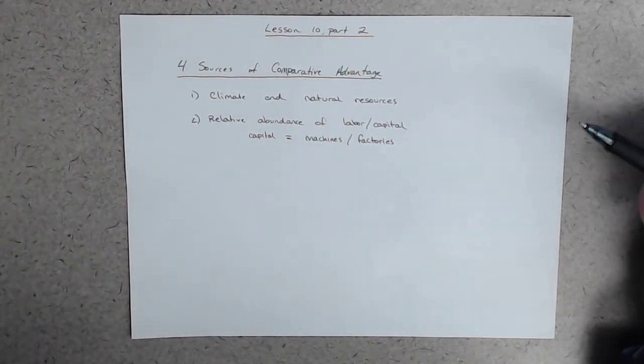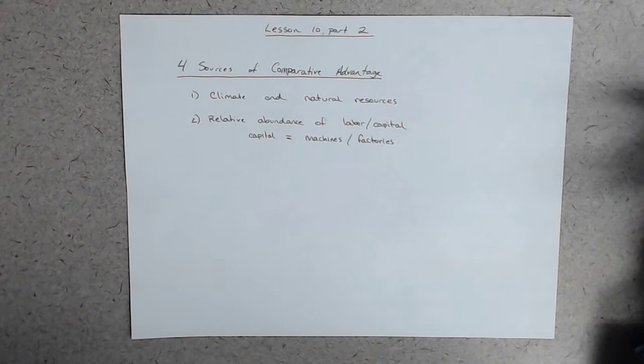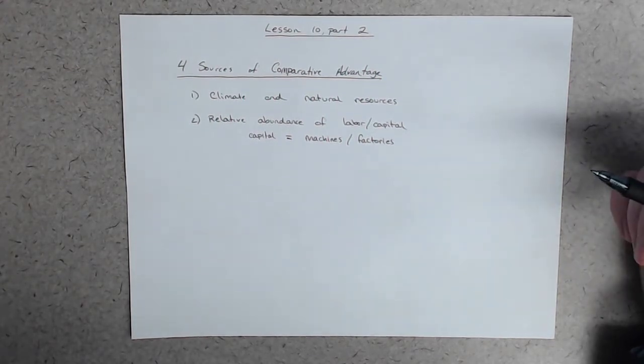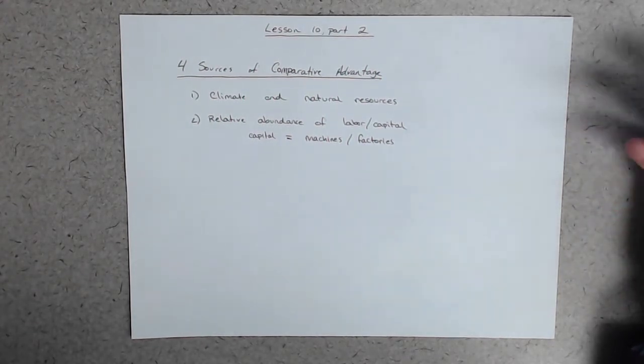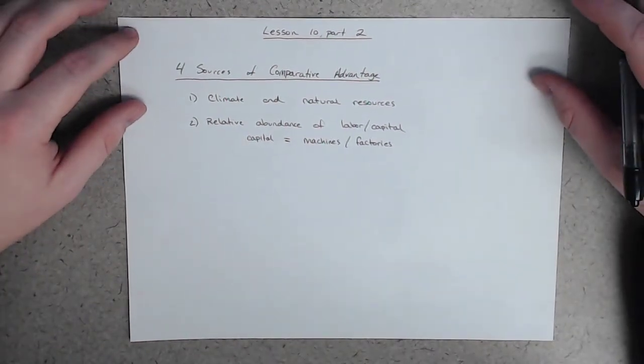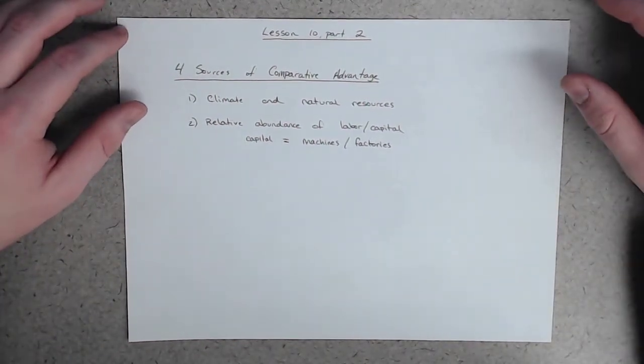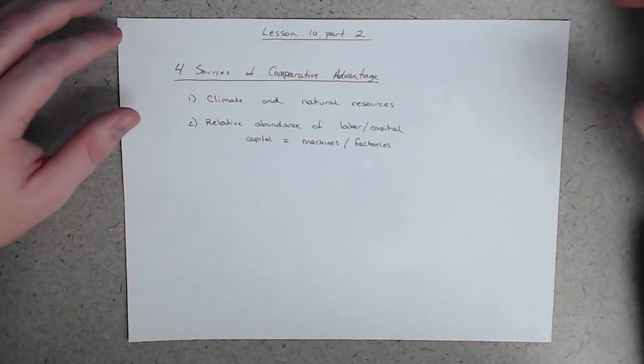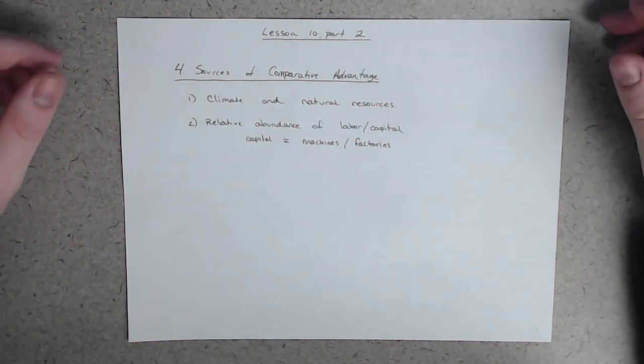And so if I told you that a country like China, which has something like 1.1 billion people in it, which is 1 in 7 people in the world, if I told you that industries in China typically specialize in producing things that require lots of labor, that probably wouldn't be very surprising because there's a lot of labor available in China.